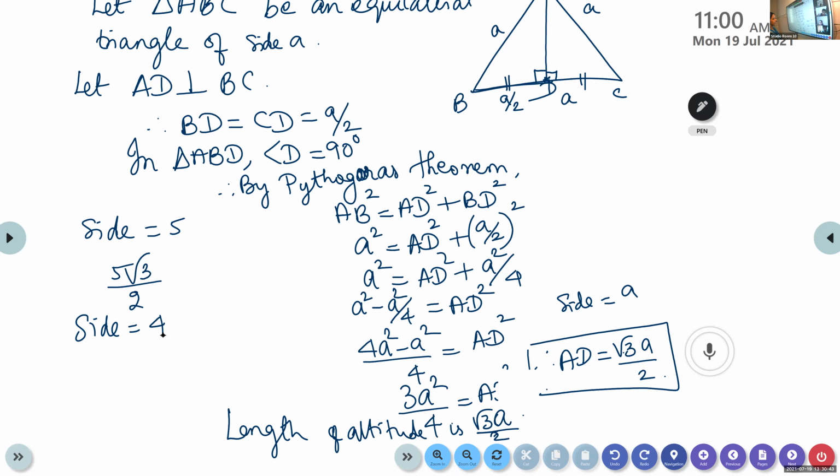If the side is 4, what is the altitude? It is not 4 length. This is a second question. It is root 3 by 2 times the side. If the side is 4, so it is 4 root 3 by 2.